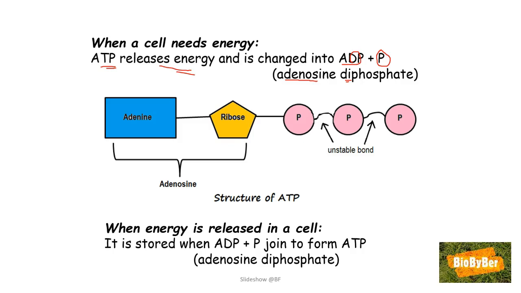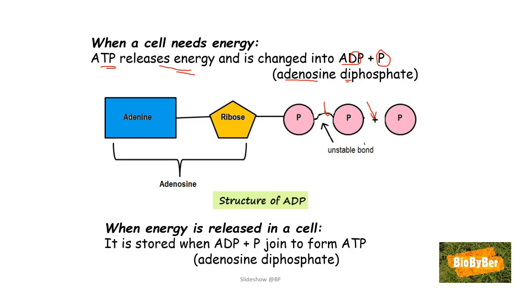So we start with our structure of ATP. As we mentioned already, we have energy-rich bonds here. When the cell needs energy, the ATP breaks up and sets free one of the phosphate groups, and the energy is released, which can be used in the cell.